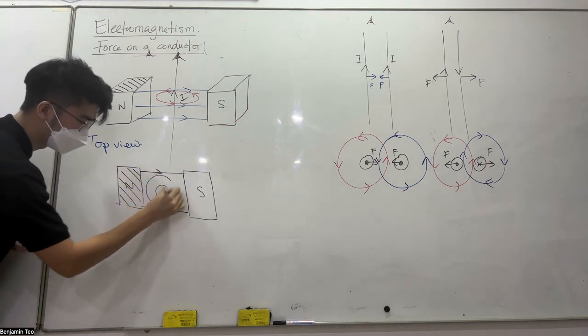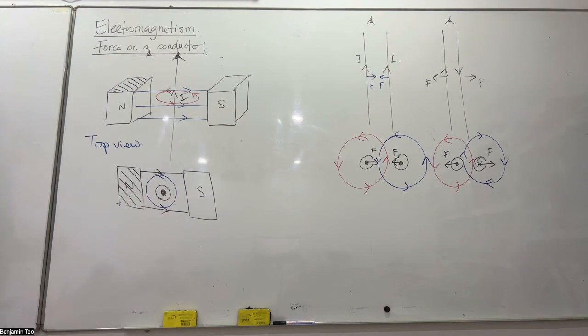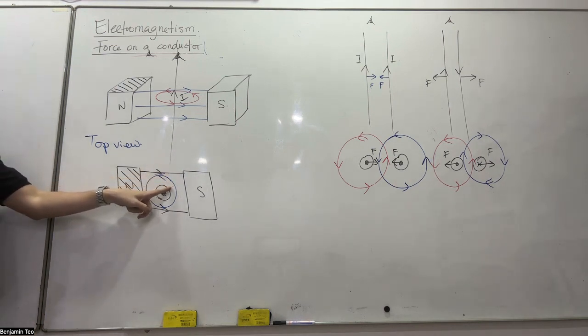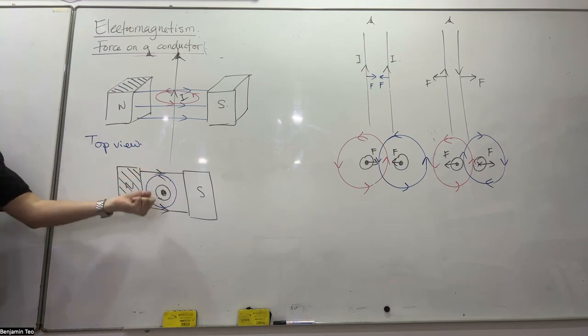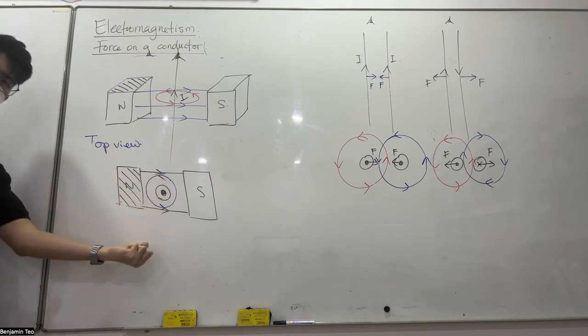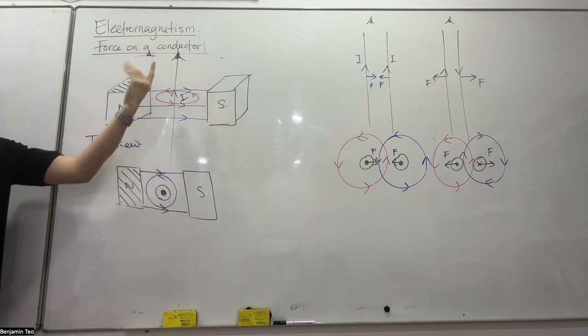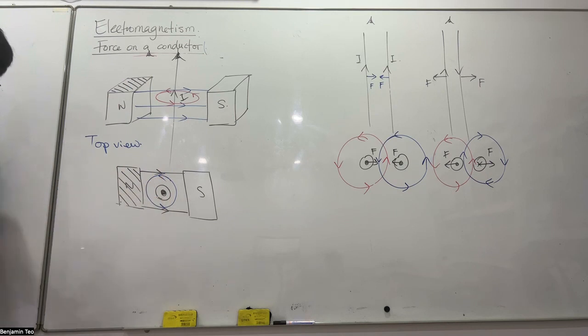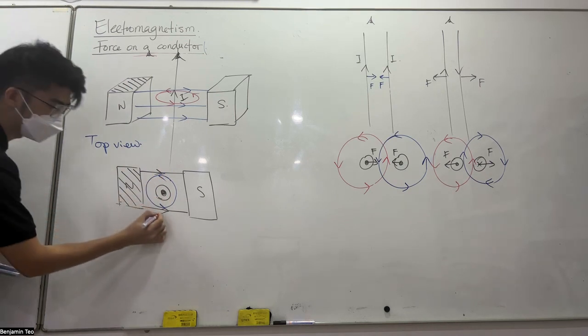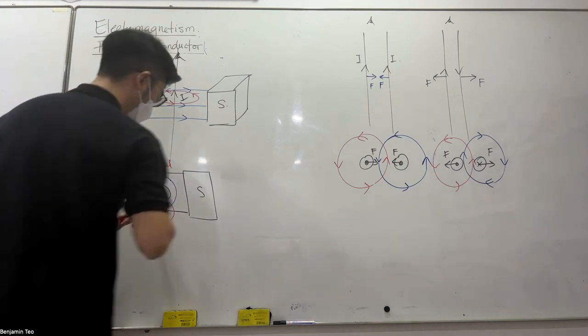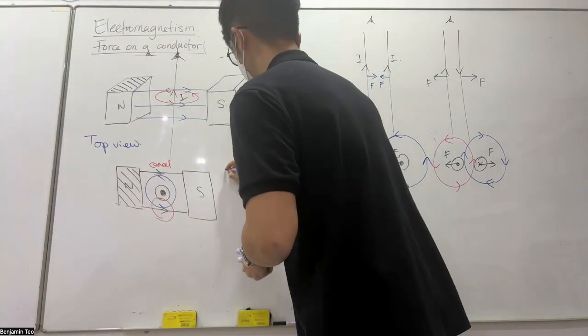Focus on the top and the bottom. At the top they cancel, at the bottom they add up. Where is it stronger? The bottom is stronger, the top is weaker, so the force goes up toward the weak side. So this field becomes like this. This one combines, this one cancels. If I redraw it, then you get it.